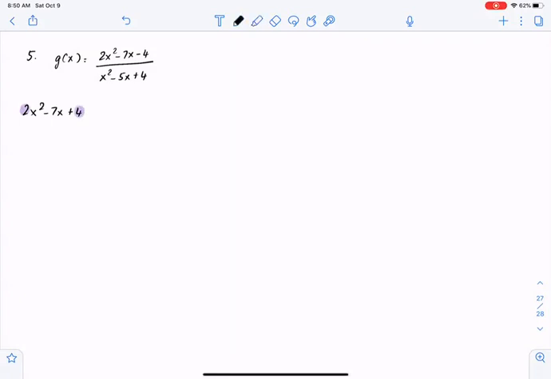2 times 4 is 8. So I've got to split up negative 7 in some way so that I get the 8.